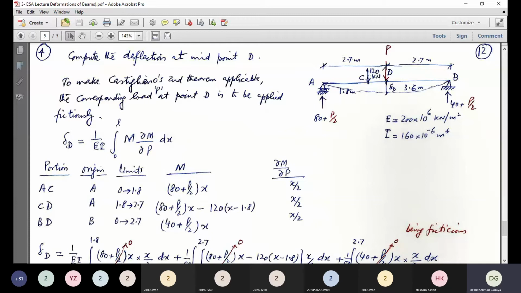Now you can just take a section in your notebook and write this moment expression. Is it understandable? Please write this expression with your own handwriting.